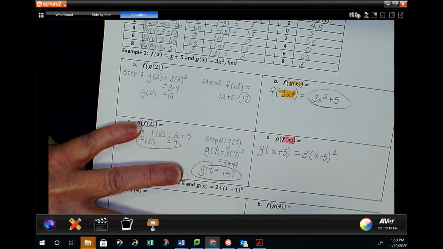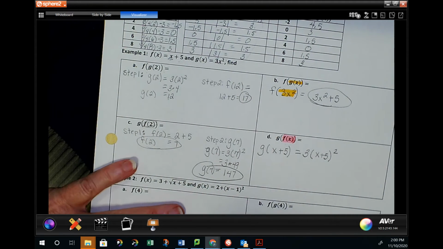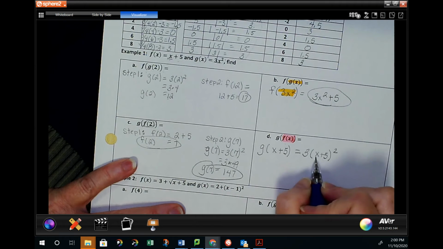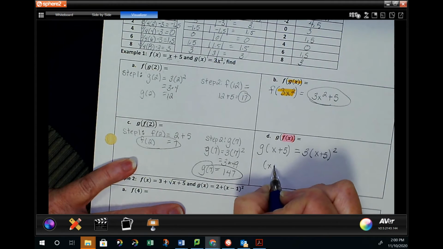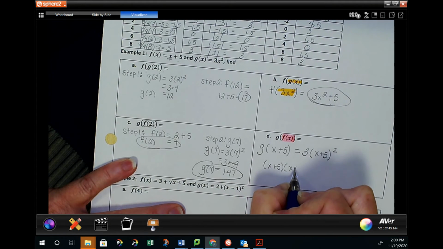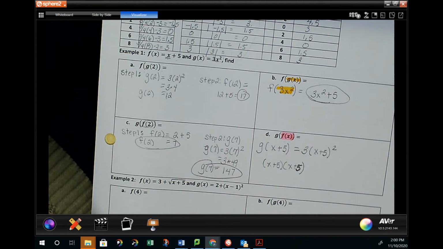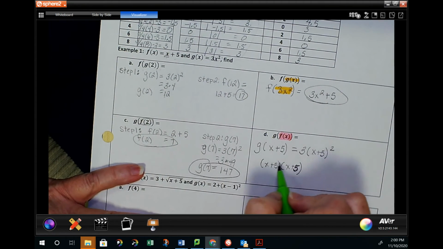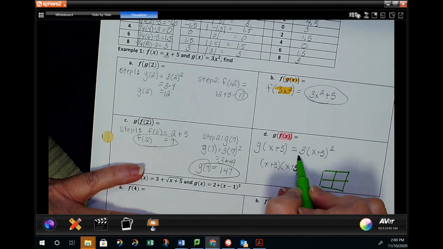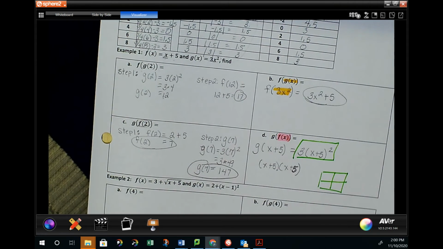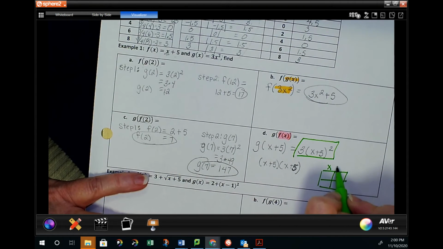You can leave it like this, because you may or may not remember from Algebra 1, when you square a binomial, it's called a binomial because there's two terms. So this would be x plus 5 times x plus 5. When you multiply that out, you've got to multiply the whole thing. You can leave it like this, or you can actually multiply it out. You don't have to.